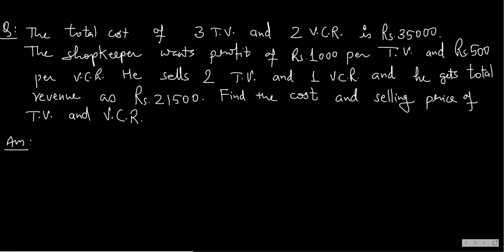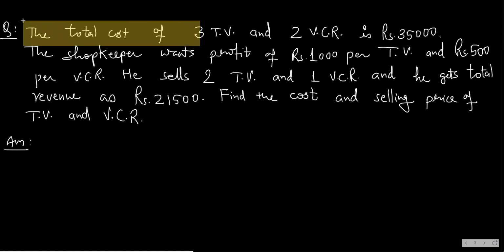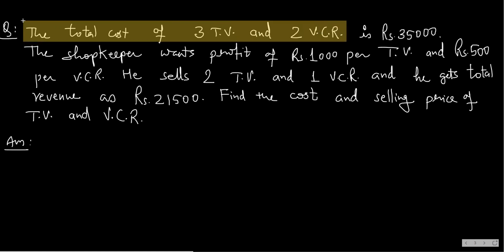Let us solve a word problem once again, by using the method of reduction. So the question here says, the total cost of 3 TV and 2 VCR is rupees 35,000. TV is television. VCR is video cassette recorder.